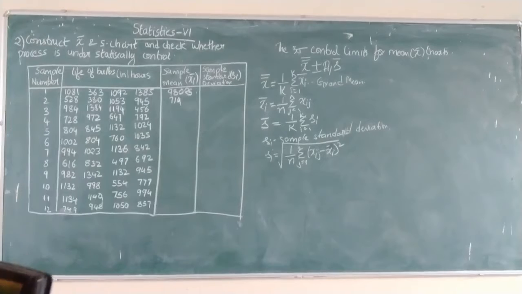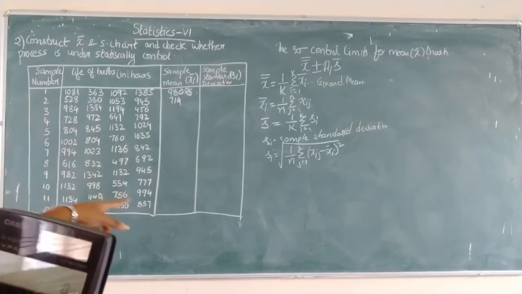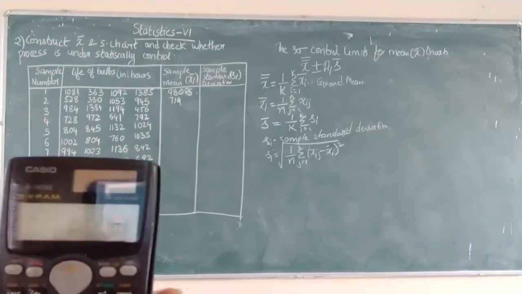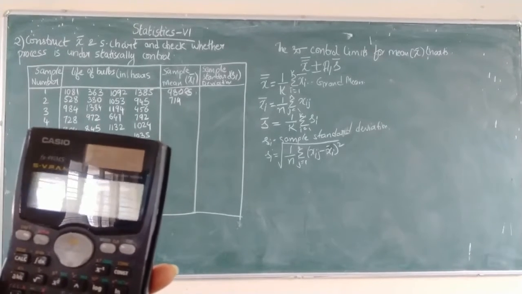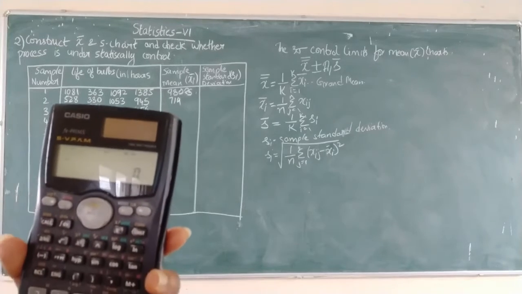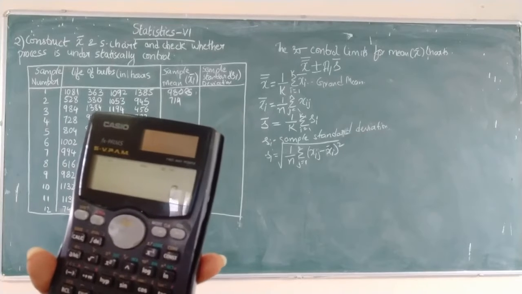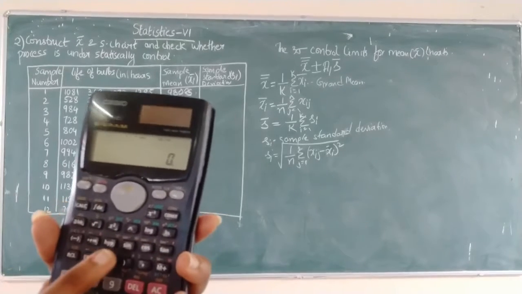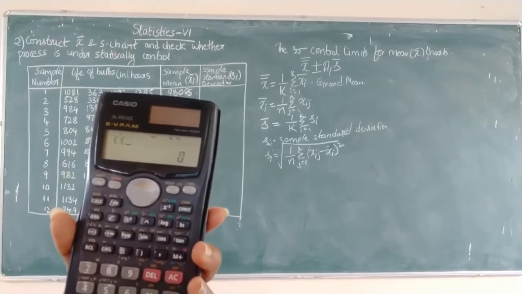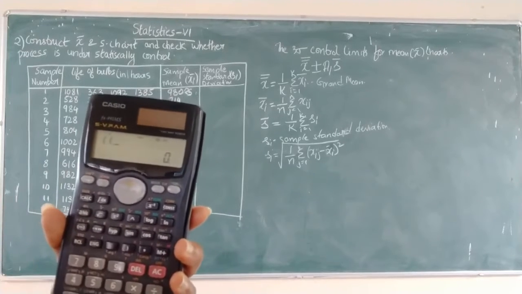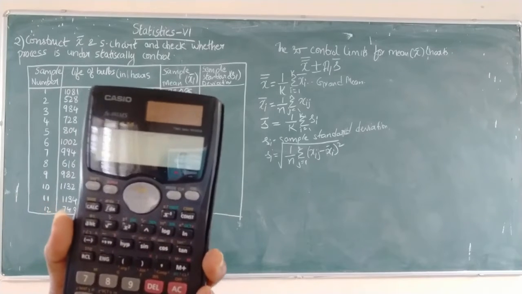Now I will show you how to find the standard deviation. Standard deviation means the root of, you can see the formula on the board, 1 by n summation of (Xij minus Xi bar) whole square.